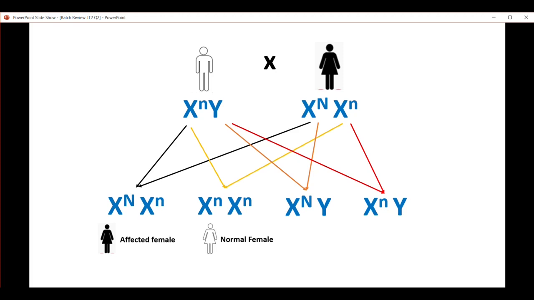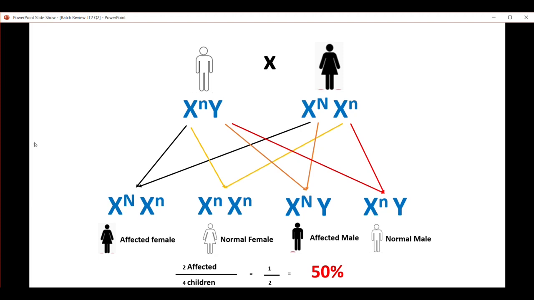Second is a normal female, both recessive. The third is an affected male, and the last one is a normal male because of the recessive X small n. So in this case, you will have here two affected children, so the answer is 50%. If you're talking about only females, you will have 50% females affected. If males only, 50% males would be affected.